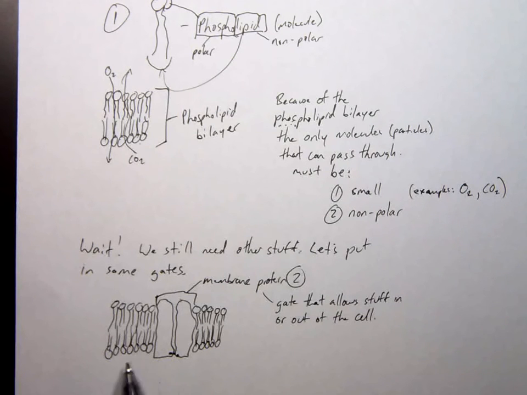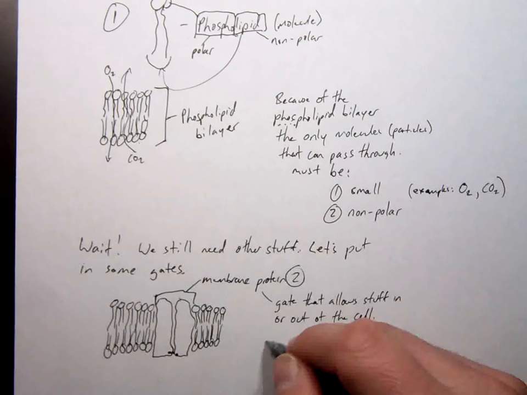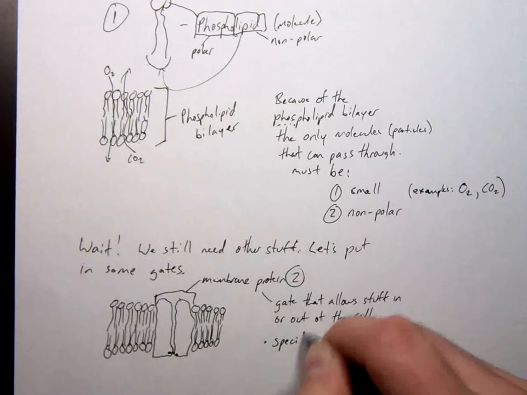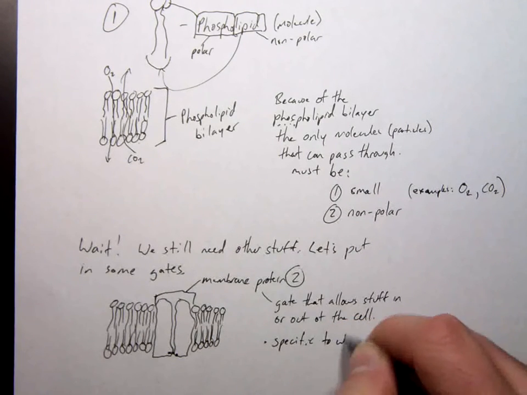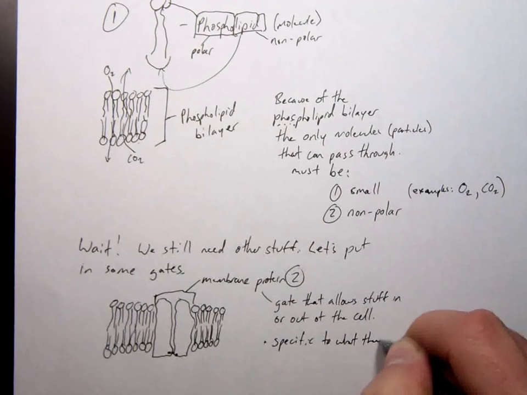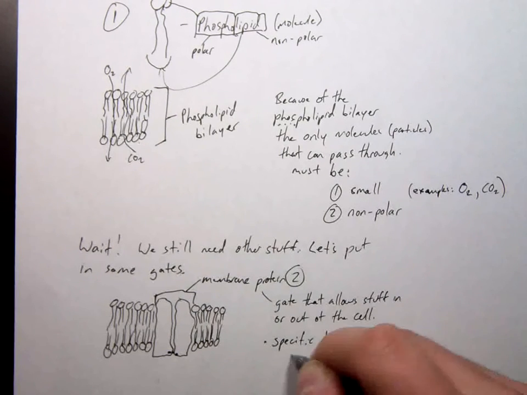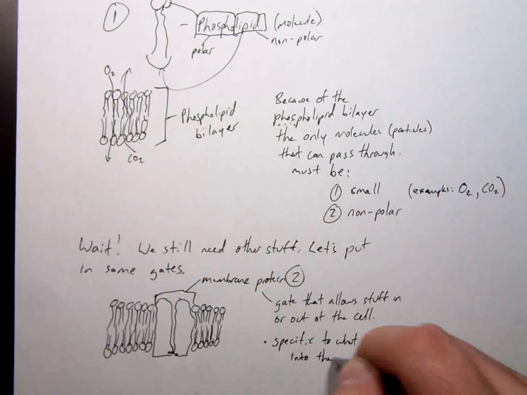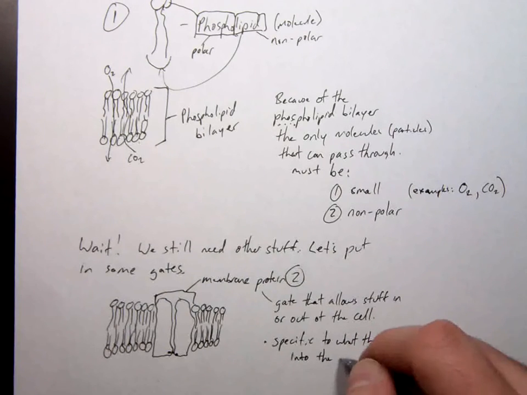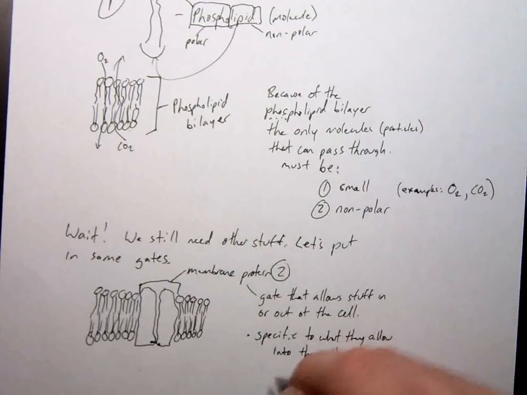Then you have other gates in there that let things like glucose in, and they only let glucose in. They let nothing else in. And so these gates are specific to what they allow into the cell. I should say or out. Into or out of the cell.